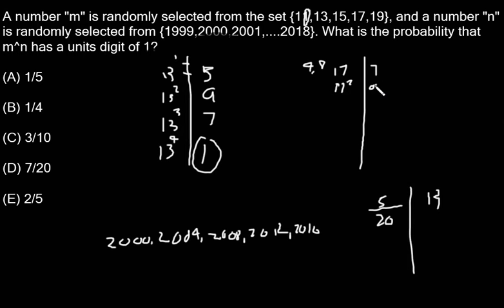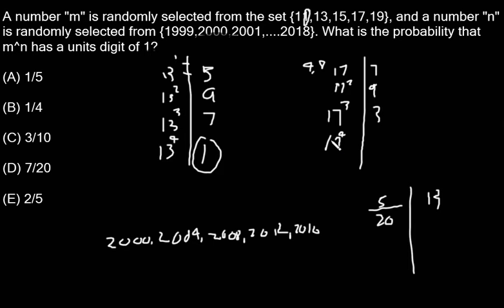When we raise 17 to the third power, our units digit is going to be a 3, because when you have a 7 and a 9 multiplied together, you get a 3. 17 to the fourth power has a units digit of 1.